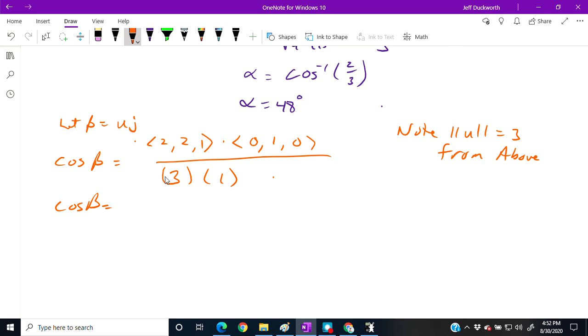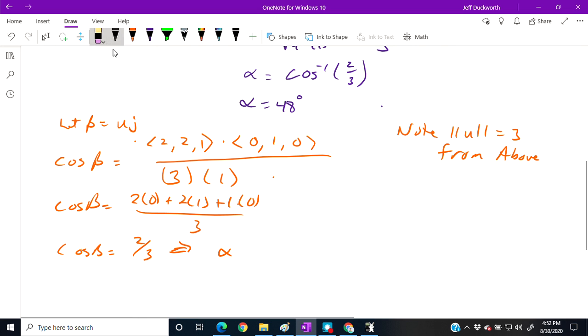We have 2 times 0, 2 times 1, and 1 times 0. So that's again 2/3. So that means that beta is 48 degrees as well.